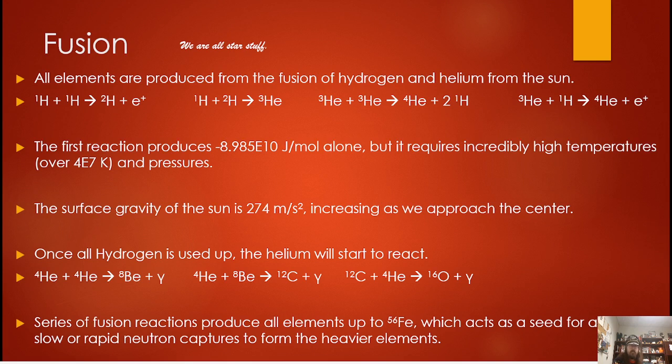Well, the last thing before we talk about some of the energy is fusion. So we might talk about the energy, we might not, but fusion is the process by which stars form every element that ever exists. All elements are essentially formed from the fusion of hydrogen and helium in the sun, or in stars like the sun.